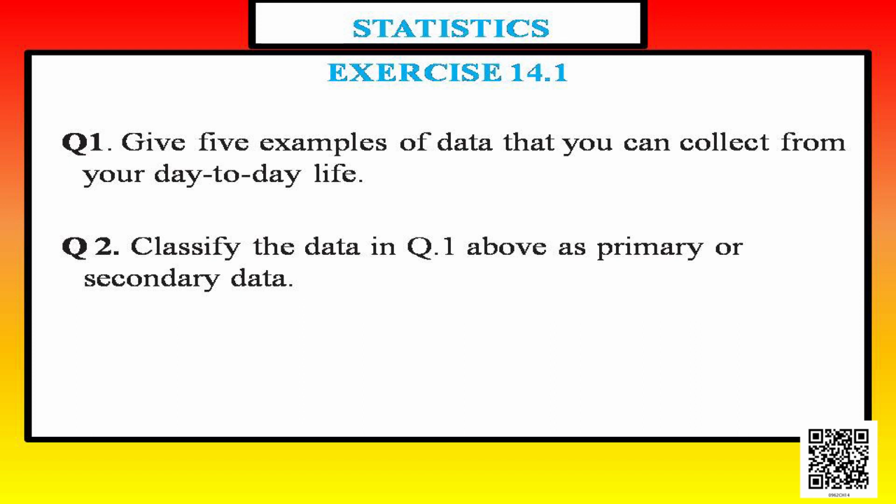Now the second question says, classify the data in question number 1 above as primary or secondary data. This also I have already explained to you, which ones are called primary and which ones are called secondary data.